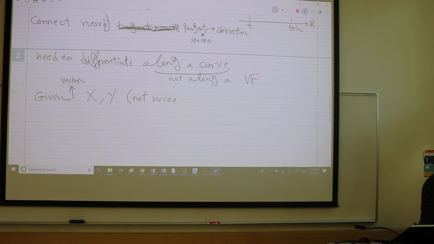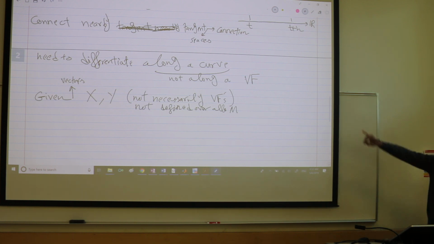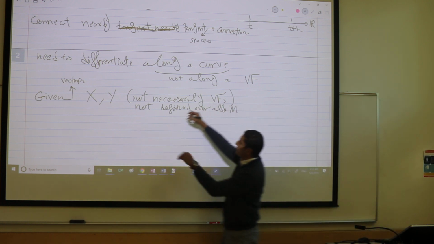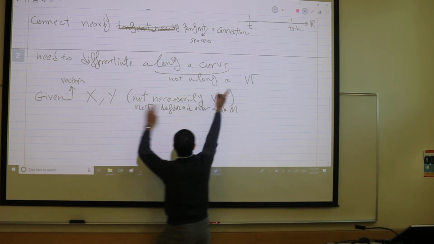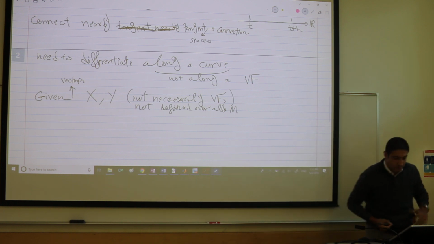So they may not be defined over all M. A vector field is defined over M. So I have two vectors, because this is what I want to do. I want to differentiate y with respect to x, but x is not a vector field. This is what I want to do.